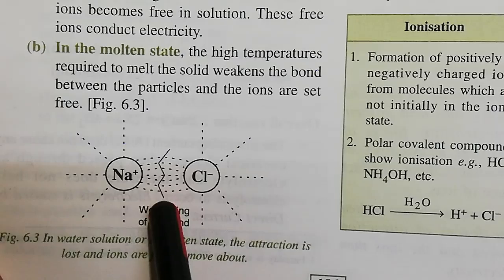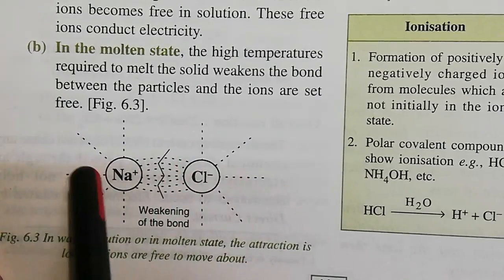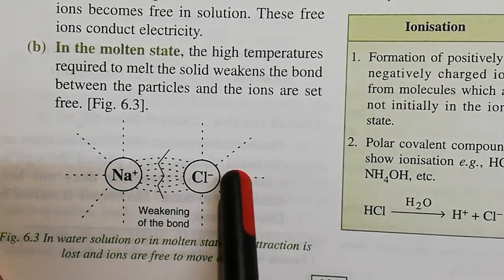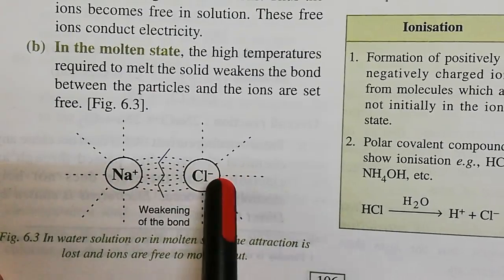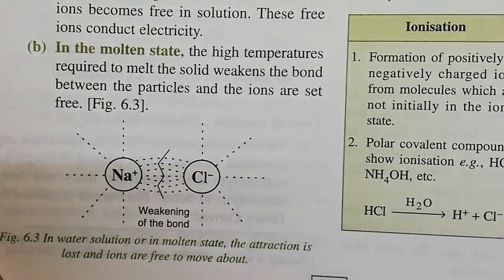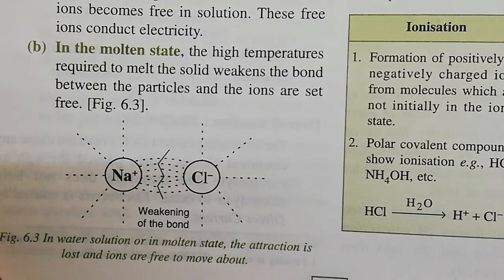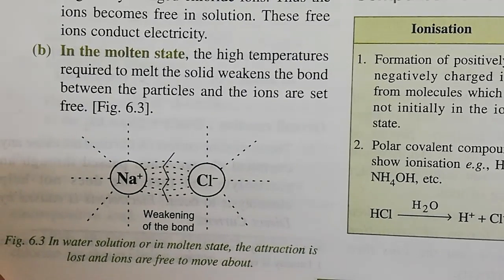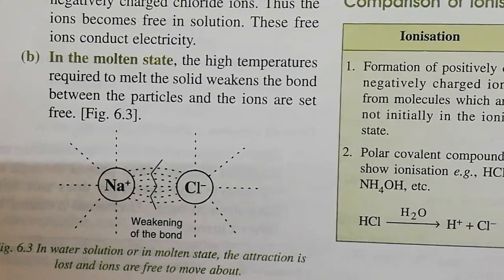When an electrovalent compound like NaCl is fused or dissolved in water, the oppositely charged ions become mobile and start conducting electricity. They become free whenever sodium chloride is mixed with water or heated up.